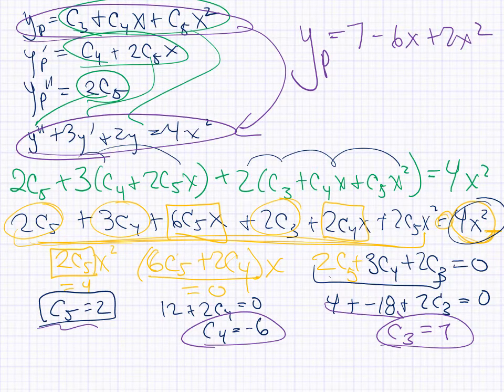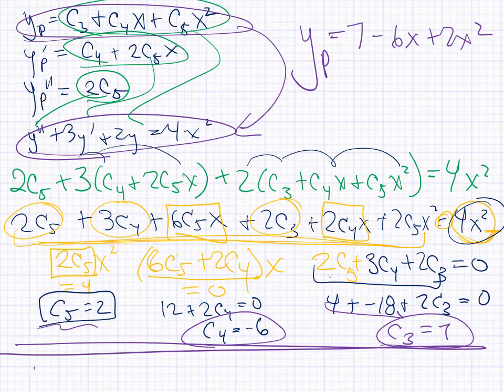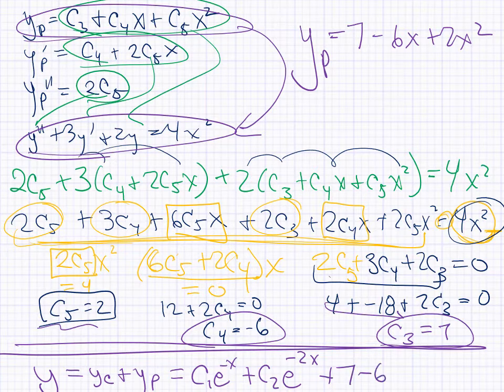Okay? Now that we have our y sub p, the next thing we want to do is form our final answer. So the general solution should be y sub c plus y sub p to the original non-homogeneous differential equation. In our case, that would be c1 e to the negative x plus c2 e to the negative 2x plus 7 minus 6x plus 2x squared.